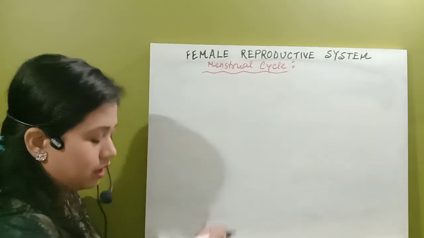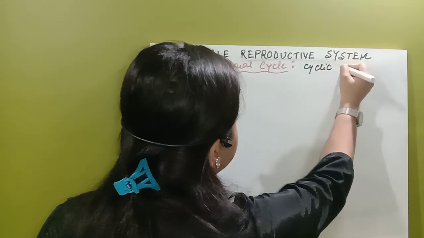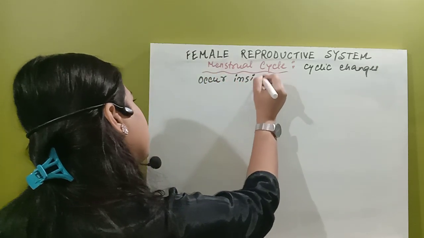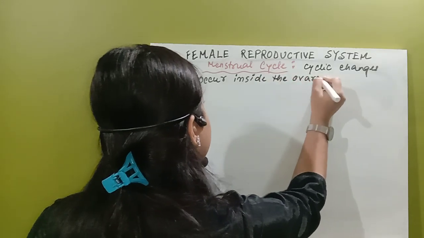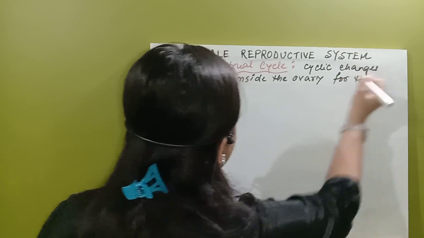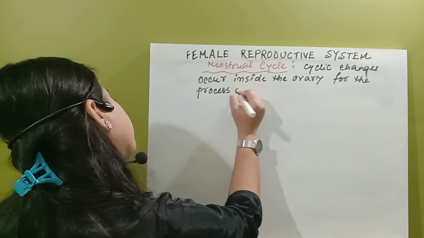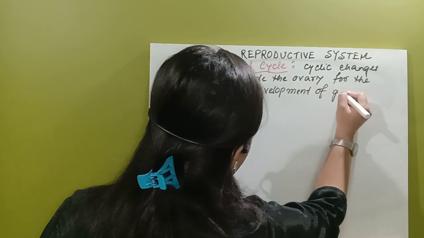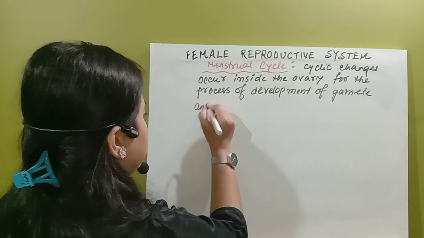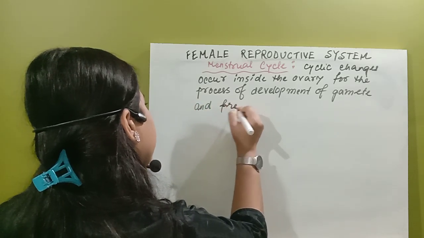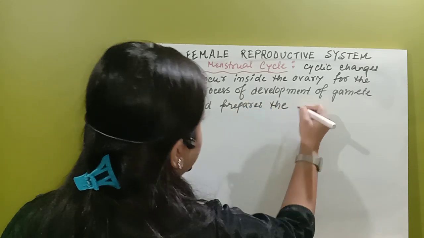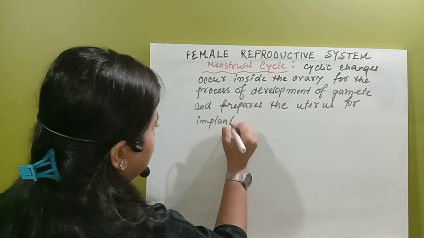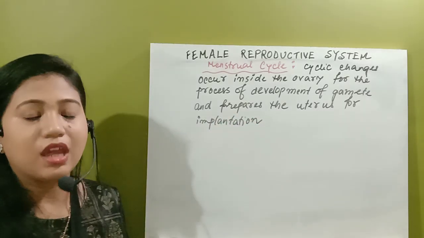This menstrual cycle is actually the cyclic changes that occur inside the ovary for the process of development of the gamete and prepares the uterus for implantation. See what happens in the menstrual cycle.